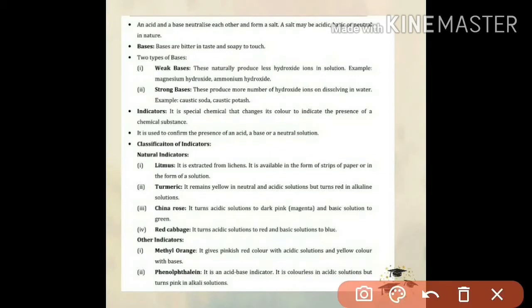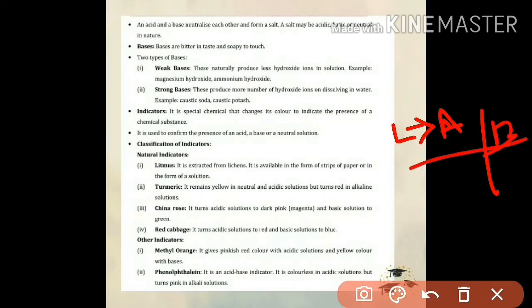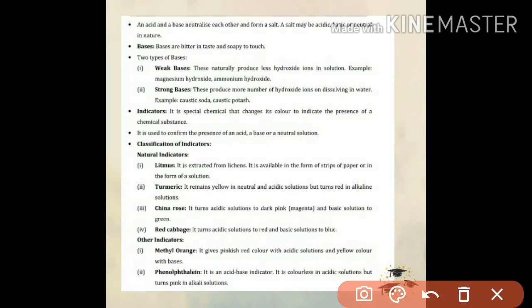So by using indicators we can find out the difference between acid and base. Like in litmus paper, I am referring to litmus paper here as L, acid as A and base as B. In litmus paper, the blue litmus turns red in acidic solution, and the red litmus turns blue in basic solution.